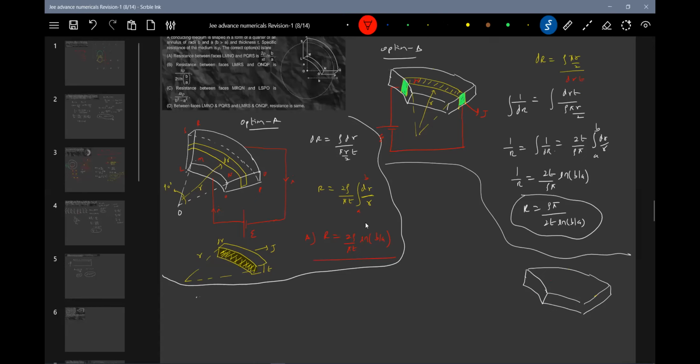The current will flow perpendicular. So shall we have a structure like this, an elemental structure? Like this, the current is going to branch out.